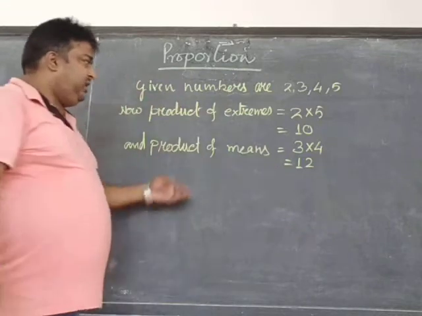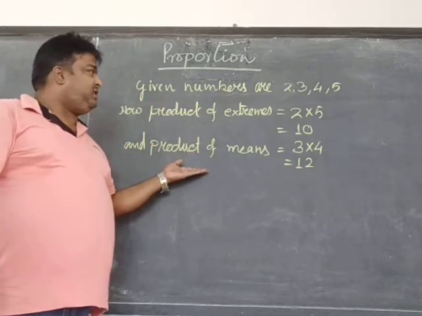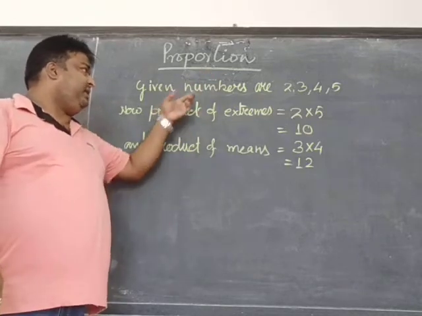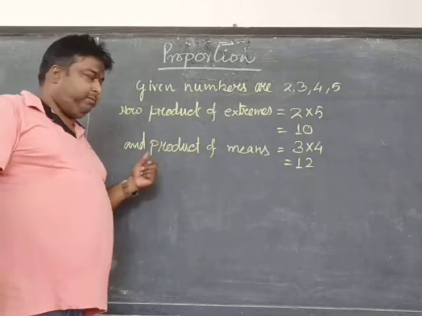So clearly product of extremes is not equal to product of means. That means the numbers given in this particular order, 2, 3, 4, 5, are not in proportion.